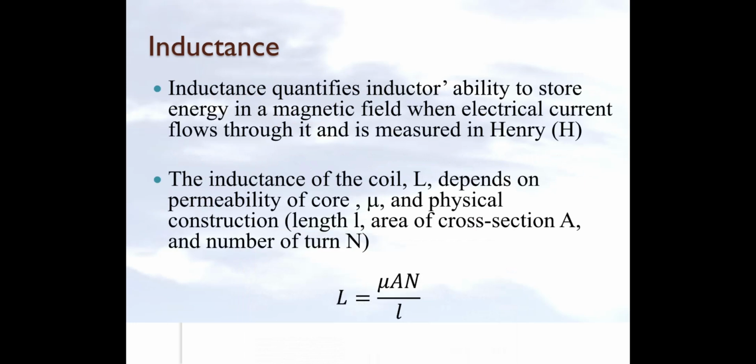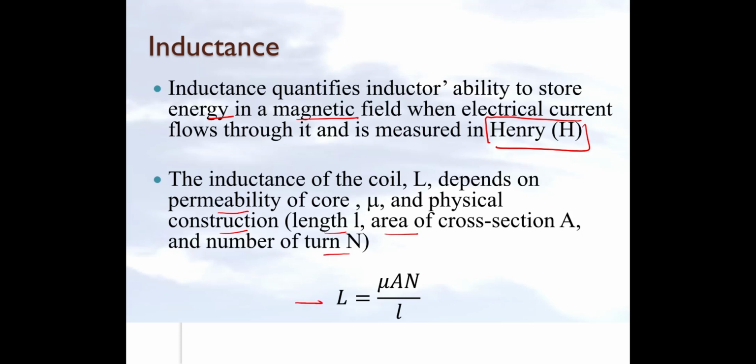The inductance of this inductor quantifies the ability of the inductor to store energy in the form of a magnetic field. The inductance is measured in Henry, and the capacity to store this magnetic field depends on the permeability of the core, like the material within the coil, and the physical construction of the coil, like the length, the cross-sectional area, and the number of turns.